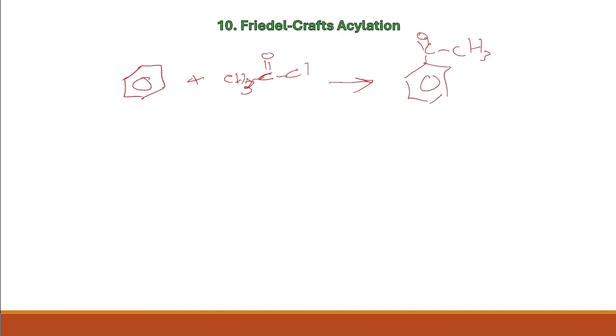And if you use formoyl chloride or methanoyl chloride, HCOCl, then you're going to end up with benzaldehyde.